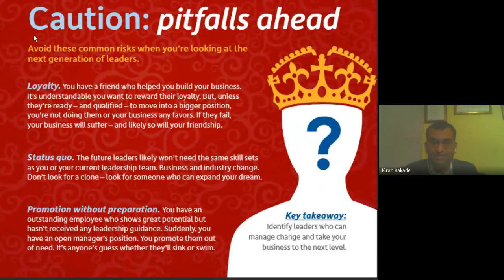Third one, promotion without preparation. You have an outstanding employee who shows great potential but has not received any leadership guidance. That is called mentoring. Suddenly you have an open manager position and you promote them out of need. It's anyone's guess whether they will sink or swim.